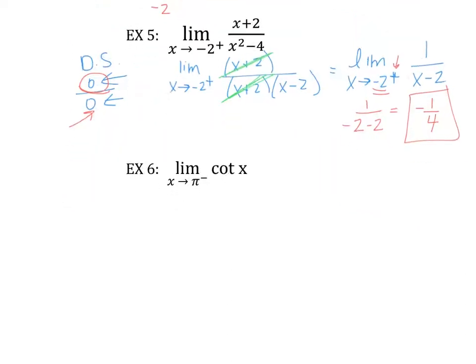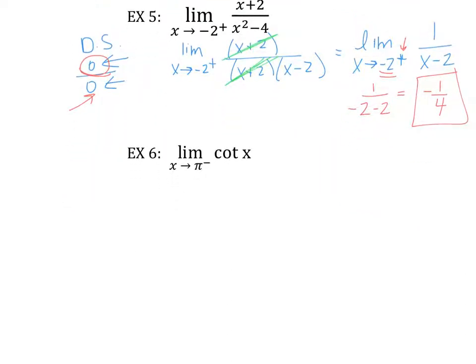Example 6, again, I would do this one graphically because I do know what the graph of cotangent looks like. Remember, that graph does have an asymptote at pi, and the graph of cotangent kind of snakes through there and does this.